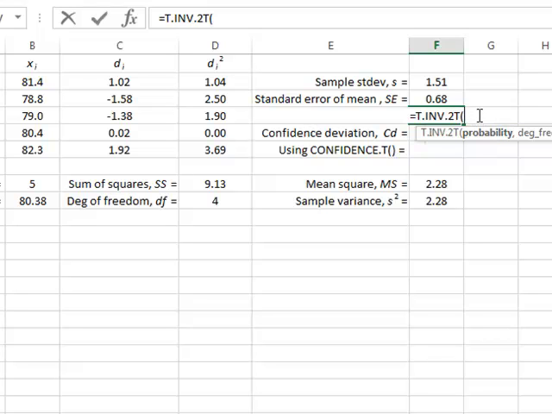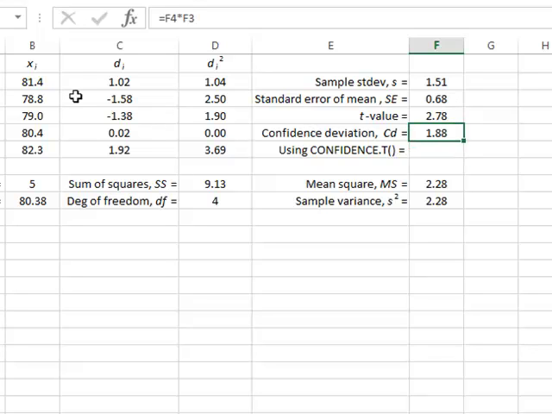For a 95% confidence interval, the probability is 0.05, and we must enter the degrees of freedom for the calculation, which we've calculated in D9. And then the confidence deviation is the simple product of the t-value times the standard error, so that is equal to F4 multiplied by F3, 1.88.